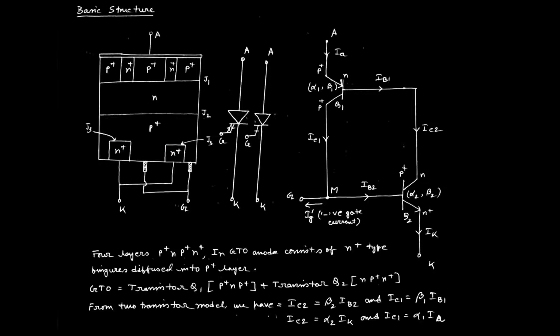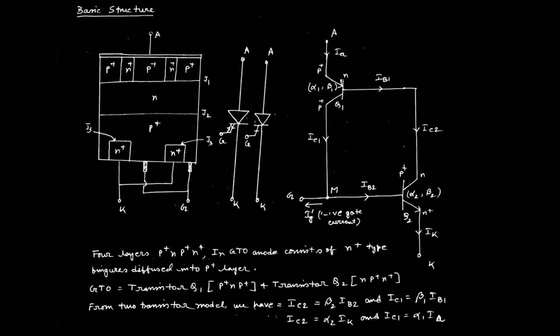That is why they are designated p plus and n plus. In the four-layer p plus n structure of the GTO, the cathode is constructed by the n plus type, which is a finger diffused into the p type layer. So the GTO can be constructed with the help of this structure, by the two transistor model.